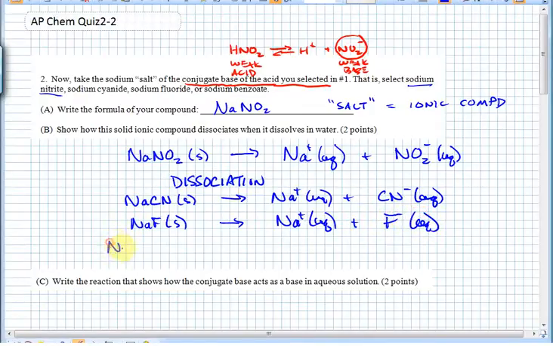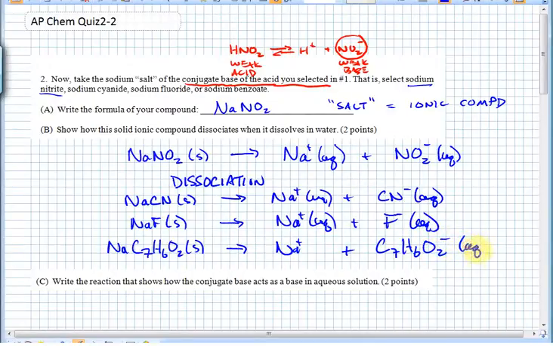Finally, sodium benzoate dissociates into sodium ions and benzoate ions. Okay, there we go. Notice the similarity in all those reactions. That's what we mean by dissociates when it dissolves in water.